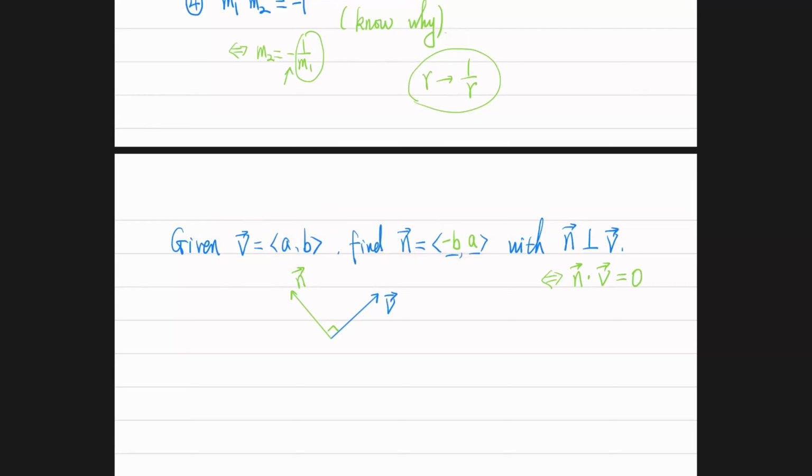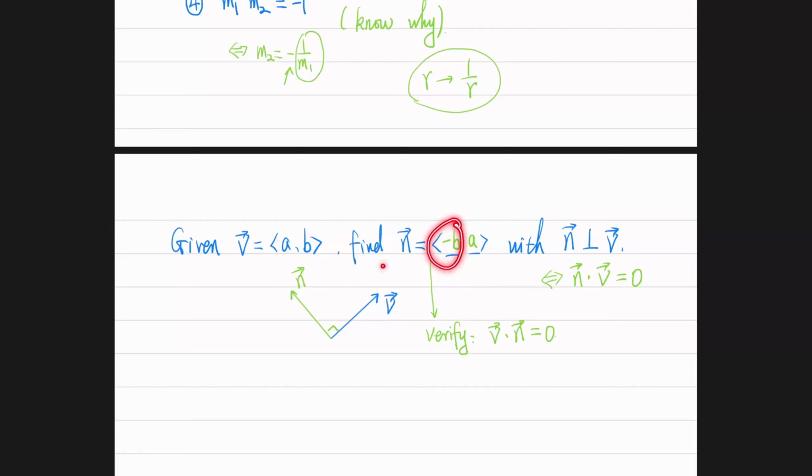Okay, verify. No matter what the first vector is, if I switch the positions and change the sign of the first one, we get a normal vector.